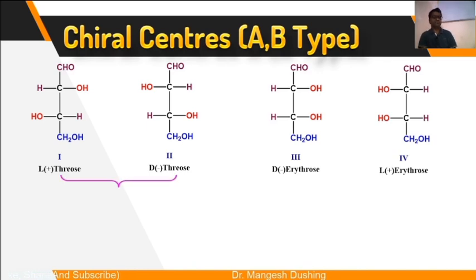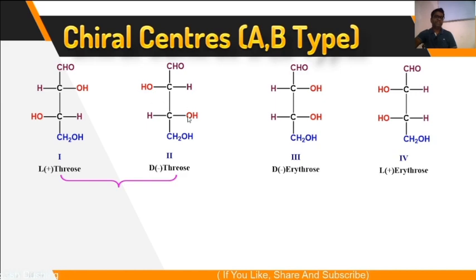Now we will see the relation between compound number 1 and compound number 2. Are they mirror images? Look properly. This OH reflects as OH, H reflects as H, H reflects as H, OH reflects as OH. So these compounds are mirror images of each other. Are they superimposable? If you try to put the first compound on the second compound, they are not superimposable mirror images.